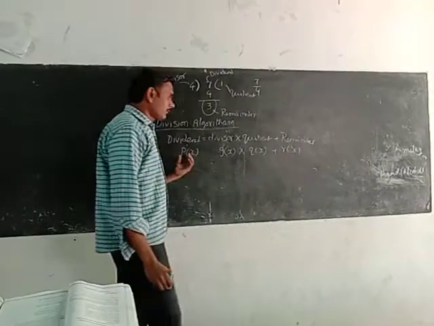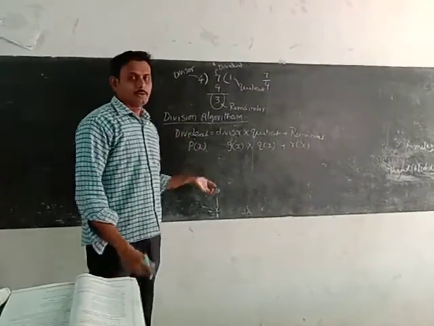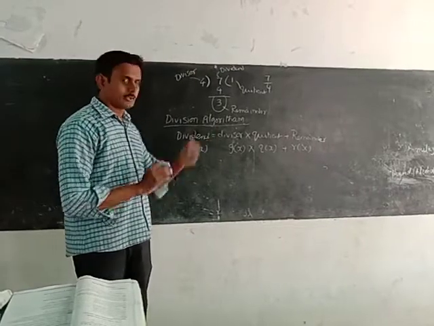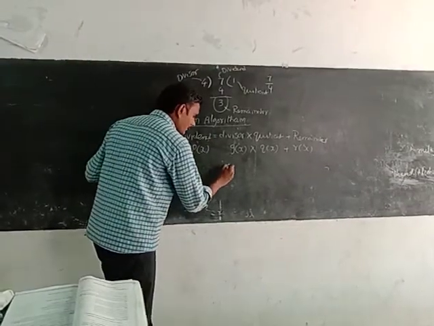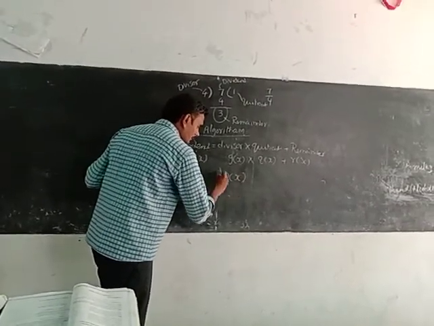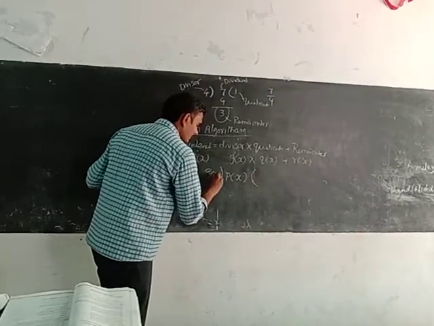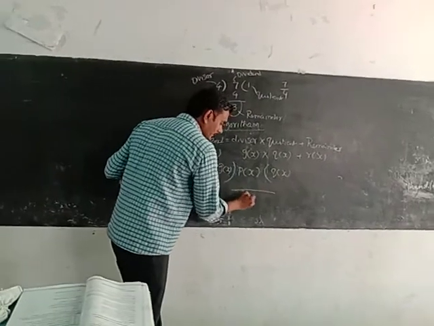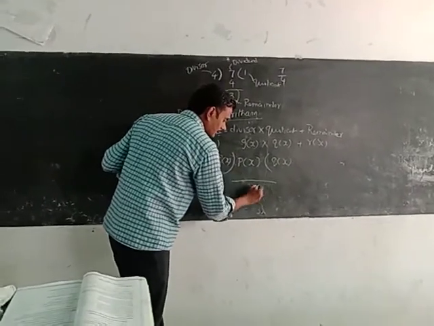A polynomial divided by a polynomial gives a polynomial only. We will divide p of x with g of x, get the quotient q of x, and by subtracting, we will get the remainder r of x.